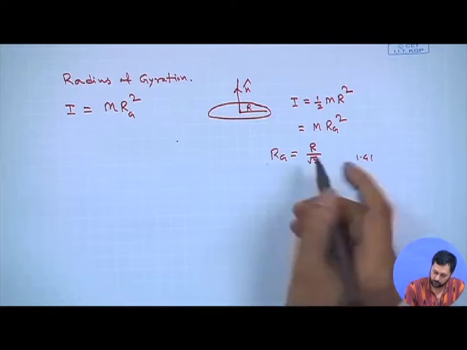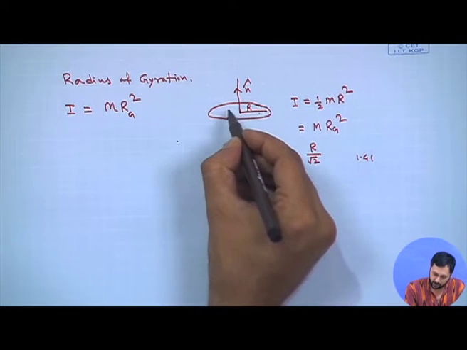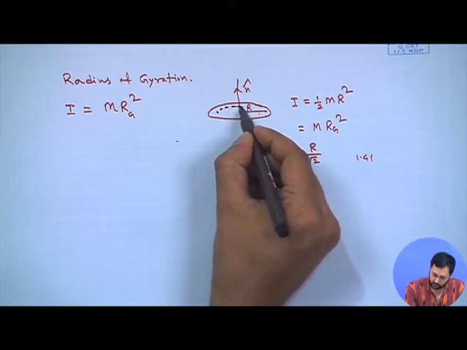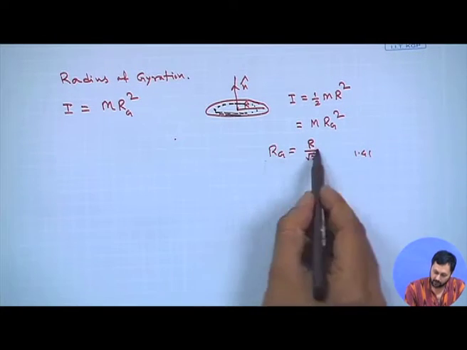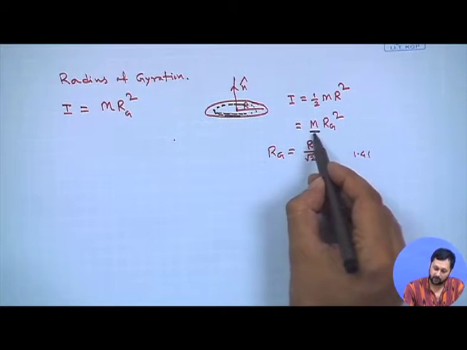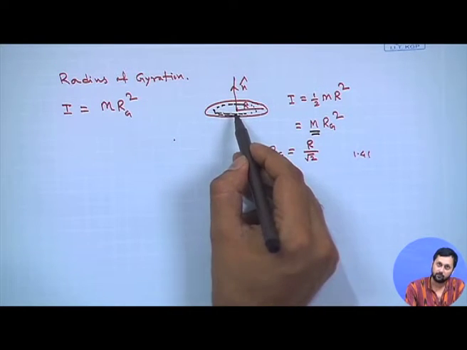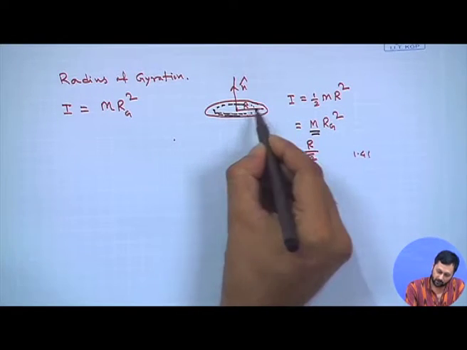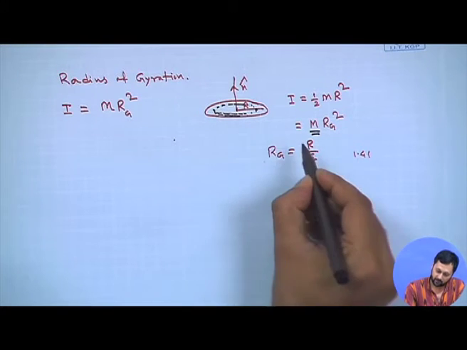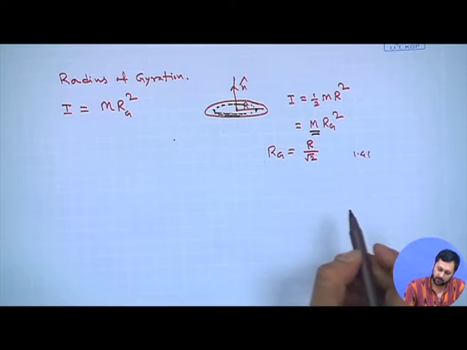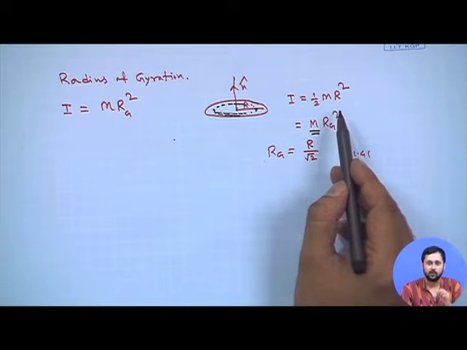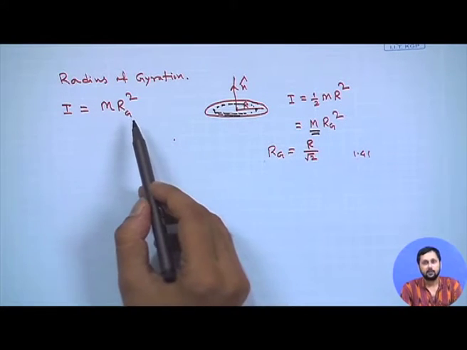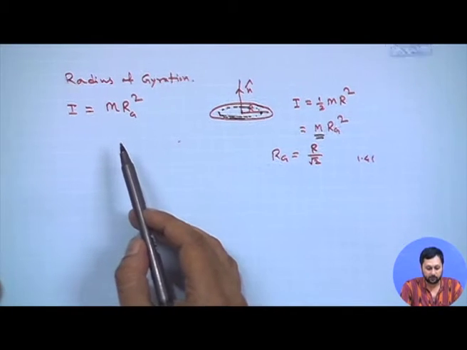So if we find this particular radius, which is roughly this, okay, and if an object with mass m, which is the mass of this whole system, rotates around the same axis with a radius of r g, it will produce the exact same amount of moment of inertia. Okay. So radius of gyration is essentially a point mass approximation.